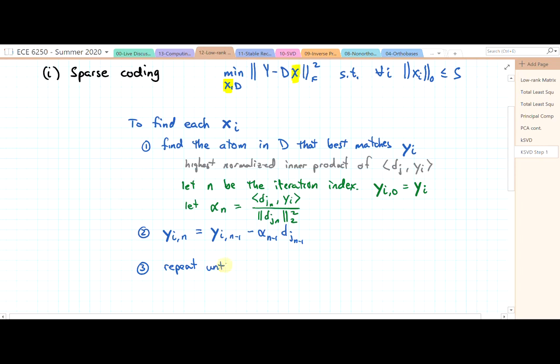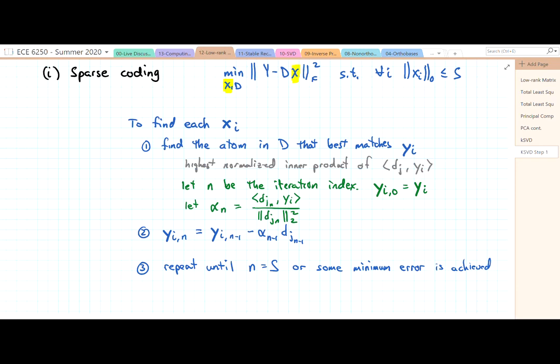Repeat until n equals s, or some minimum error is achieved. So we want to basically just go through a few steps, and sparsity is more important to us than perfection, so we're just going to find the few elements in D that we can use to minimize the difference between our original Y and our projection.